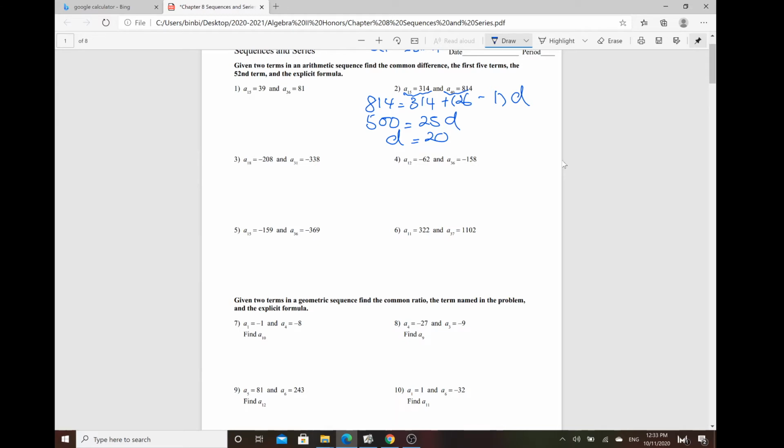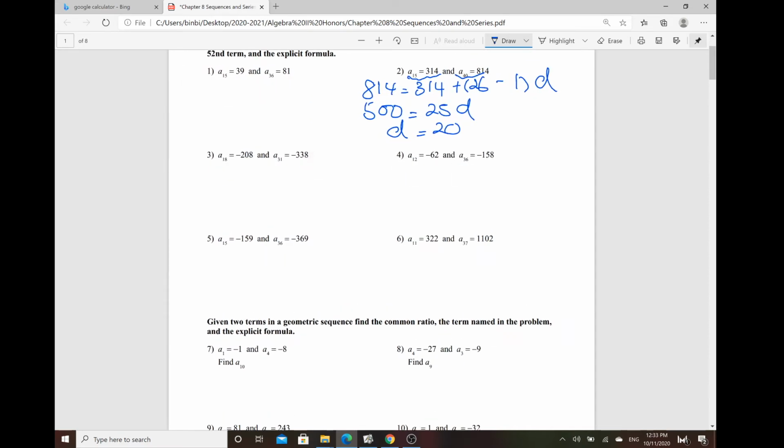For the other one, we have a sub 12 is negative 62, a sub 36 is negative 158. Again, we need to find the common difference first. For the higher term, we can set that as a sub n, so negative 158. That equals a sub 1, so negative 62, plus n minus 1.